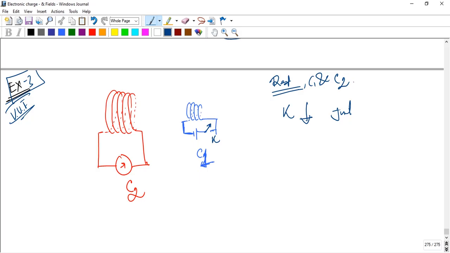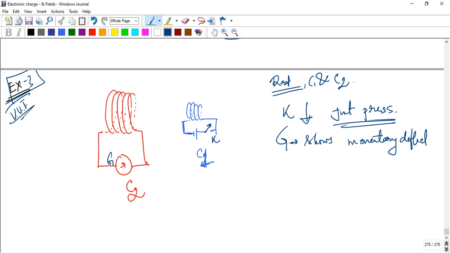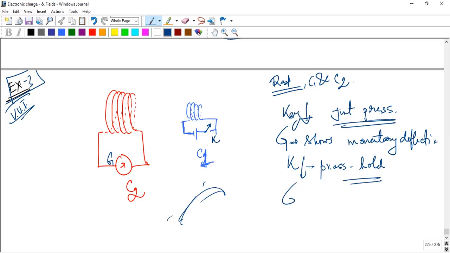But when the key is pressed, the galvanometer shows a momentary deflection, just a certain deflection for a very small time. And when the key is pressed and held, G equals 0, so there is no deflection.